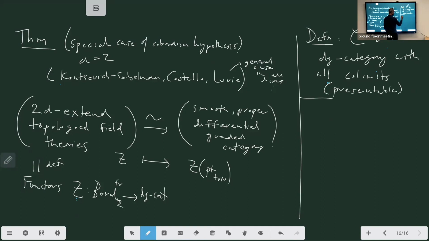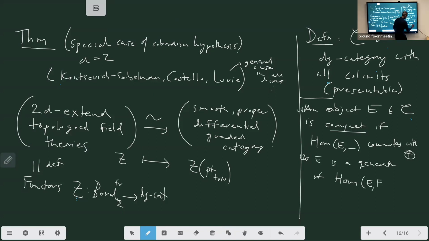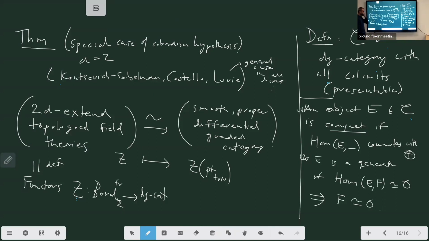And so if you have an object E, which you should now think of as a brane, as a boundary condition in some theory, E in C is compact if Hom(E, blank) commutes with direct sums, and E is a compact generator if Hom(E, F) contractible implies that F is contractible, F is 0. Okay. So why am I mentioning this?